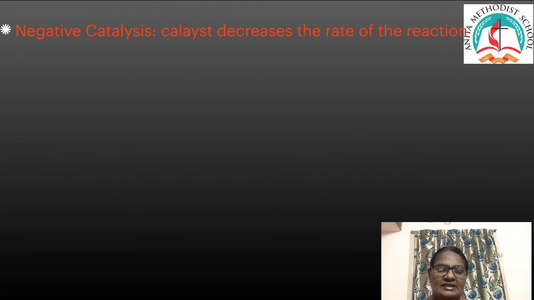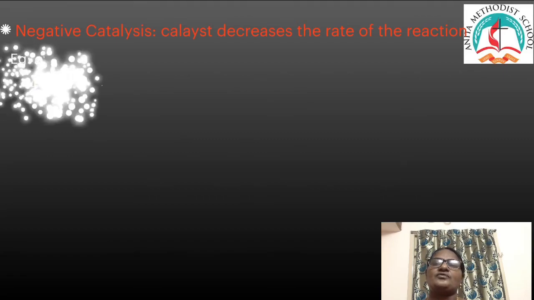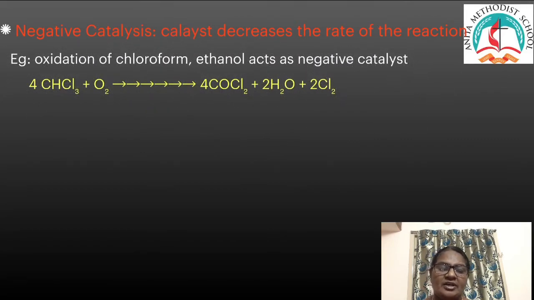Next, we are going to see another type of catalysis, negative catalysis. As the name suggests, the catalyst reduces the rate of the reaction. Instead of increasing, it decreases the speed of the reaction. Example, oxidation of chloroform. Here, if I have traces of ethanol, it reduces the rate of the reaction.